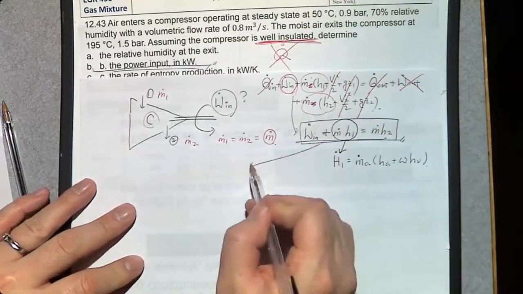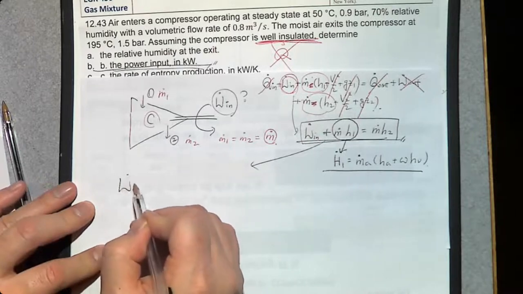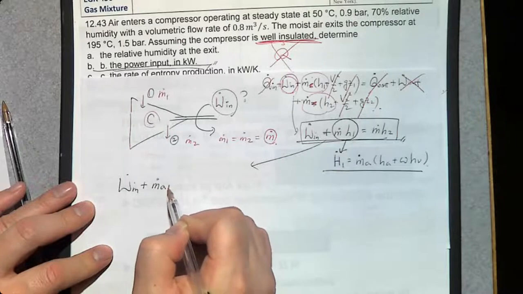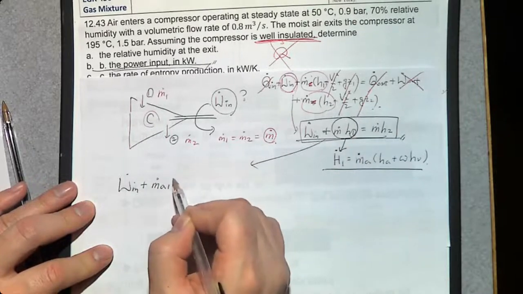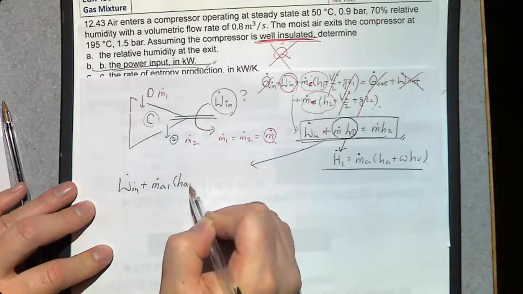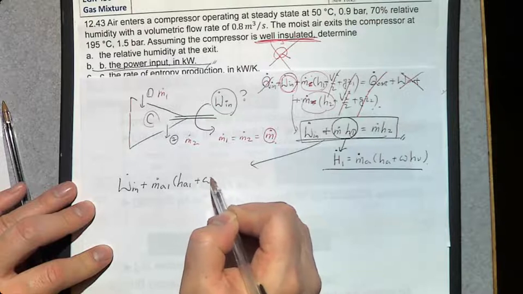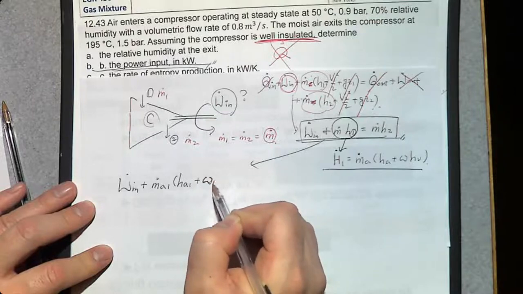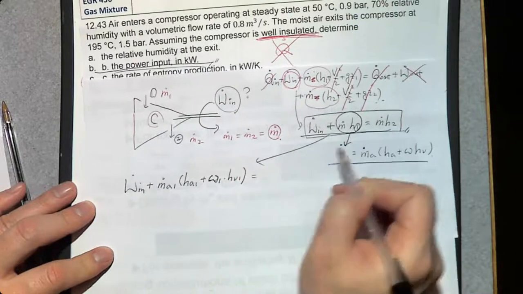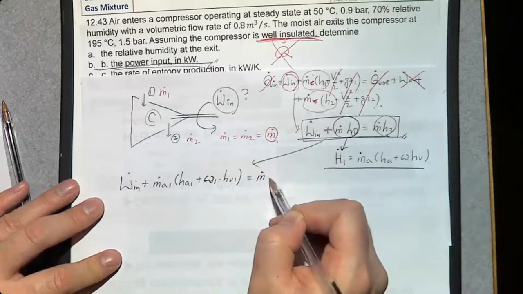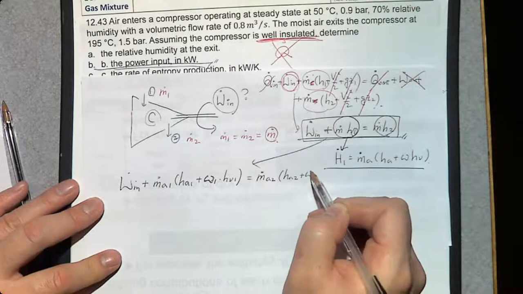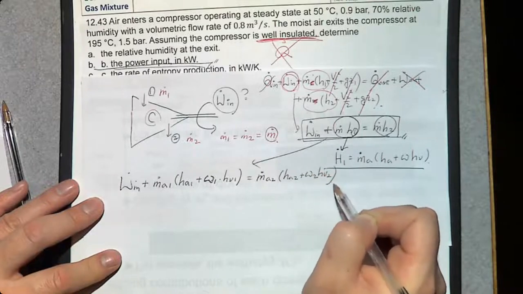Let's rewrite this equation in this form: W dot in plus m dot of A at the inlet number 1, which has specific enthalpy HA1 plus omega, the humidity ratio at the inlet, times HV1, equals m dot A2 times HA2 plus omega 2 HV2.